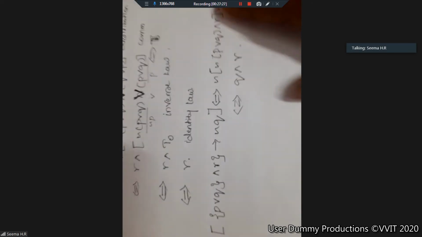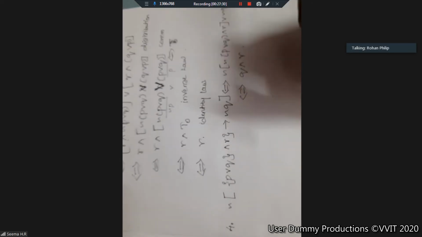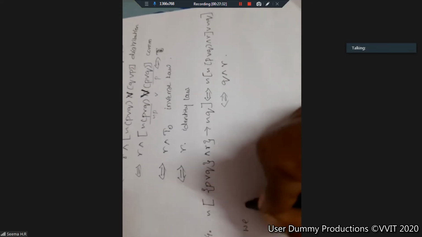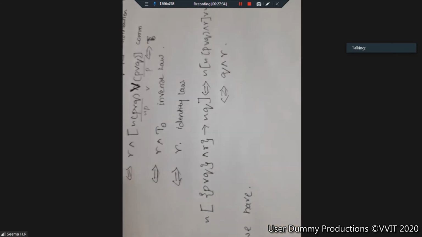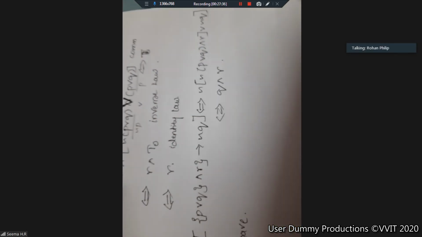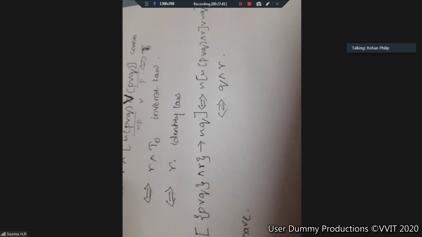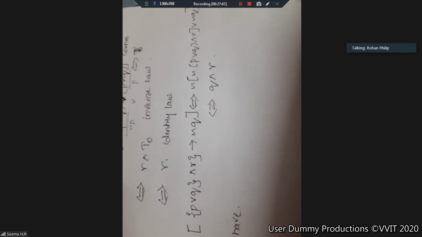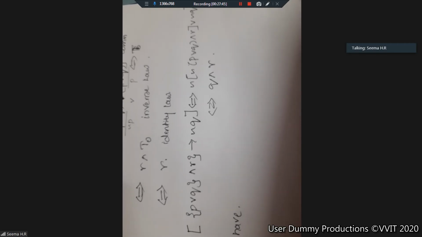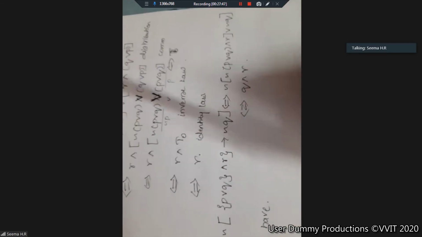So what shall I write first? Give me idea. U implies V. Apply P implies Q rule. Okay, so first we will be applying U implies V. Okay, fine. So let me write.